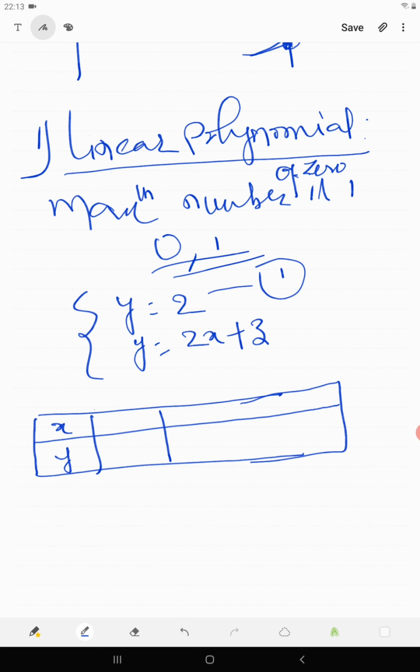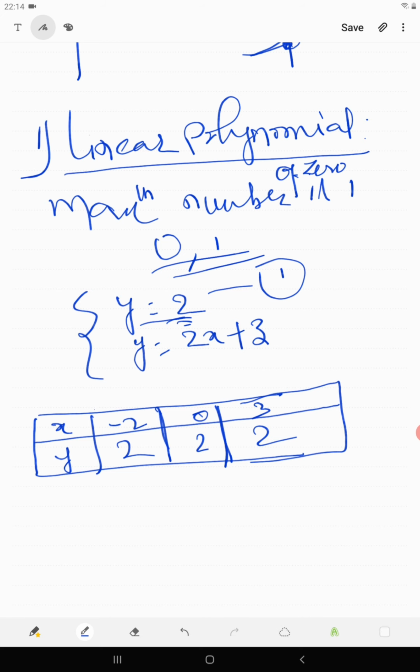Since you are saying y equals to some constant, of course this y value will be fixed. It will never change for any value of x. If you see an equation like this, then while taking points for the graph, you take any value of x, suppose -2, 0, 3.